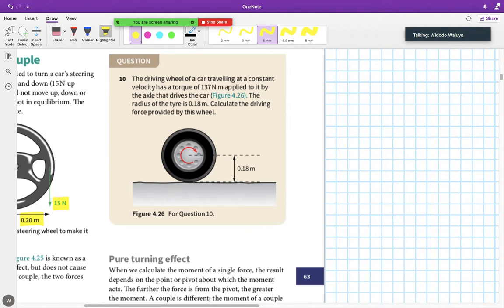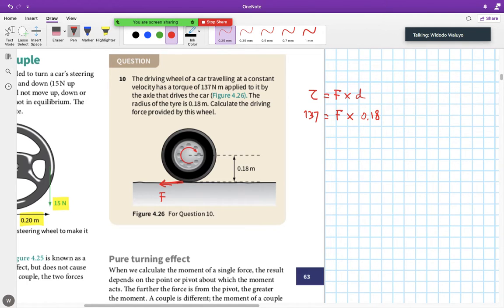If we look at this, the driving force is the same thing as the frictional force on the tire. The frictional force is maybe here, F. At the distance 0.18 we get torque equals force times d. The torque is 137, equals the driving force times d, which is 0.18.